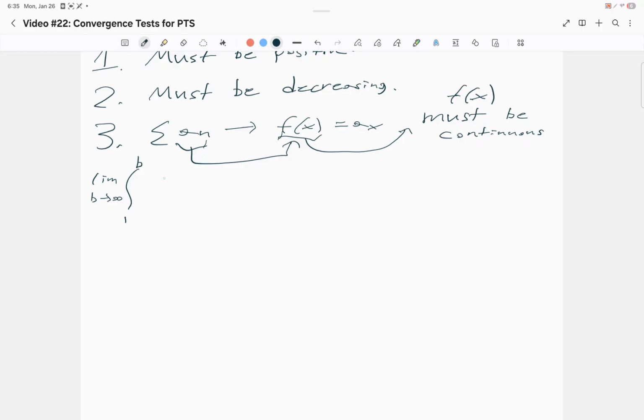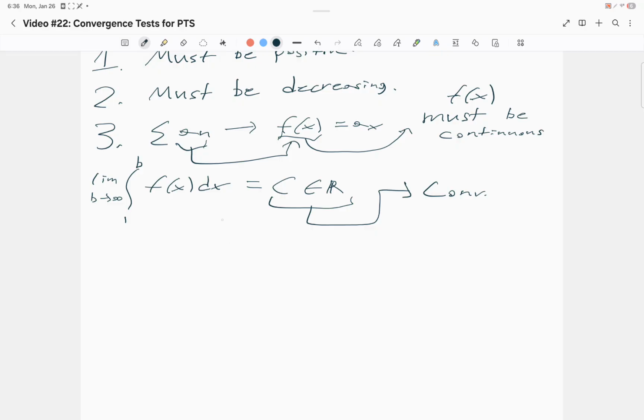The integral of f of x dx, if it equals some constant c, a real number, of course, then this means it converges.